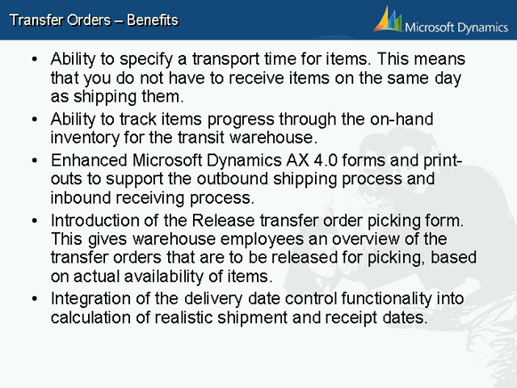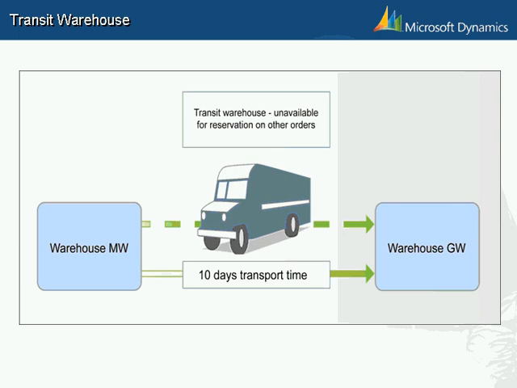So transfer orders are similar to release sales orders picking, but there is some additional functionality. You can review transfer orders by transit warehouse. The system automatically creates transactions for the transit warehouse.